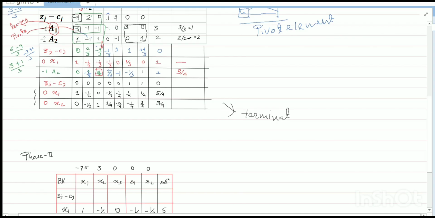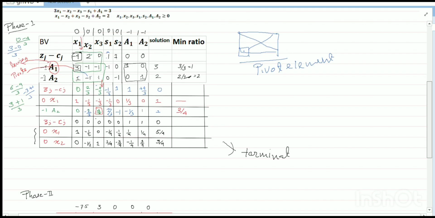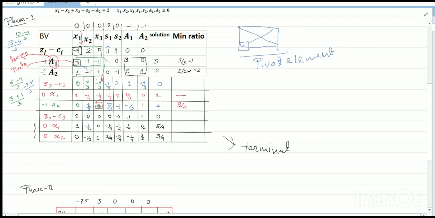Because note, since no artificial variable appears in the basic variables. All the 0 is the 1 and 1. Okay. So in this way you see Cj equals 0. So this is my terminate portion.